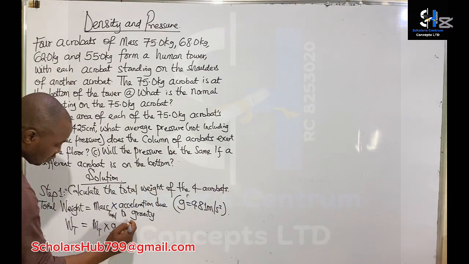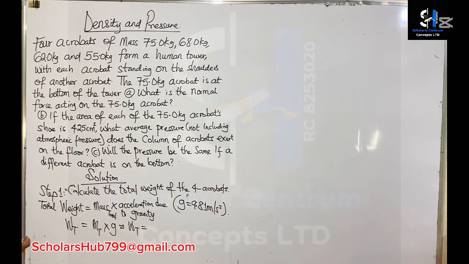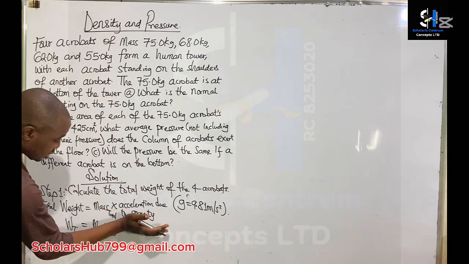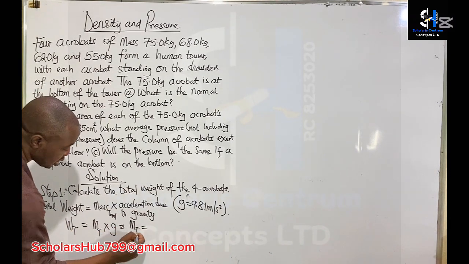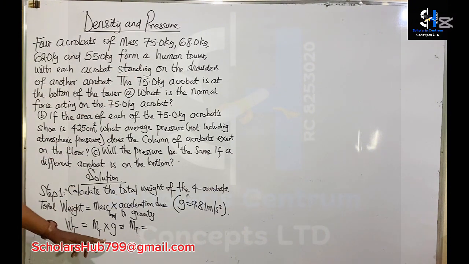The total mass multiplied by acceleration due to gravity will be equal to the total weight.